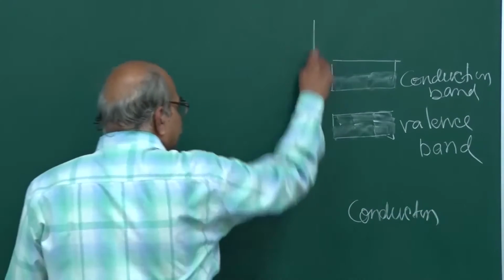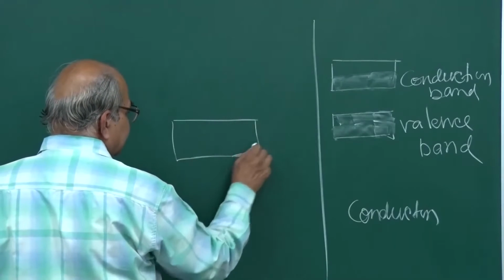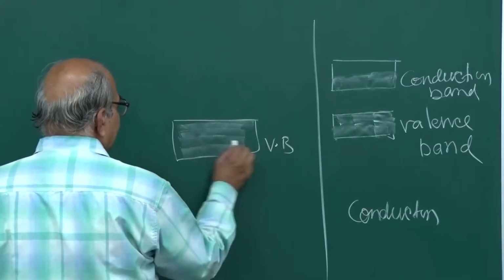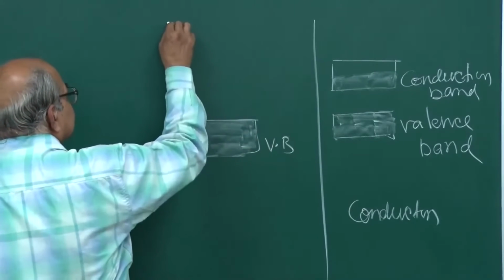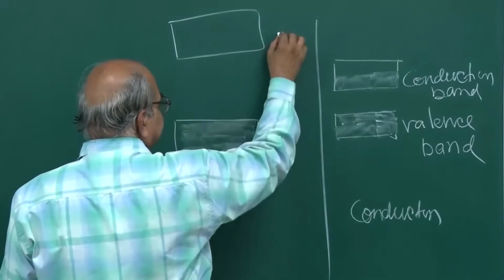Then you have another kind of material where you have a valence band. By definition it is completely filled. And then you have a conduction band, and this conduction band is completely empty.